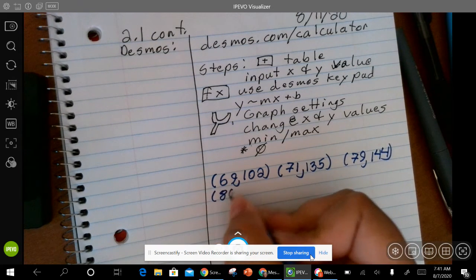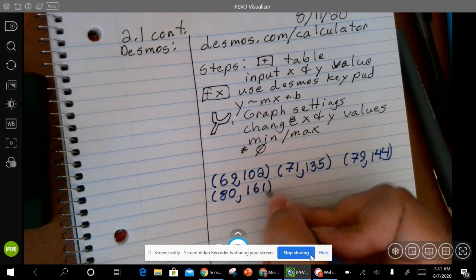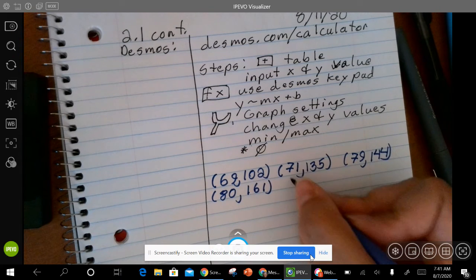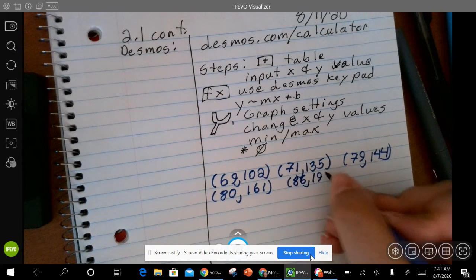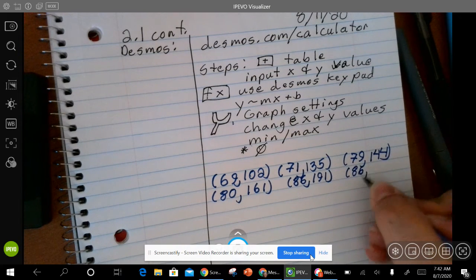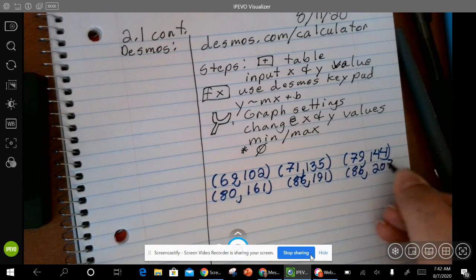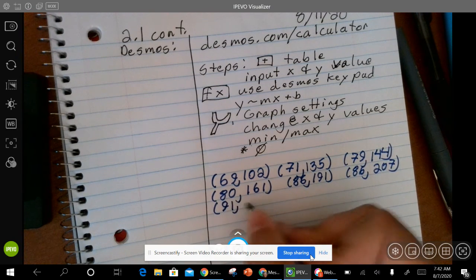So she's wondering if there's a causal relationship between the number of water bottles that she's selling and the temperature. So I'm writing these all down, and we're going to put these into Desmos, everybody.